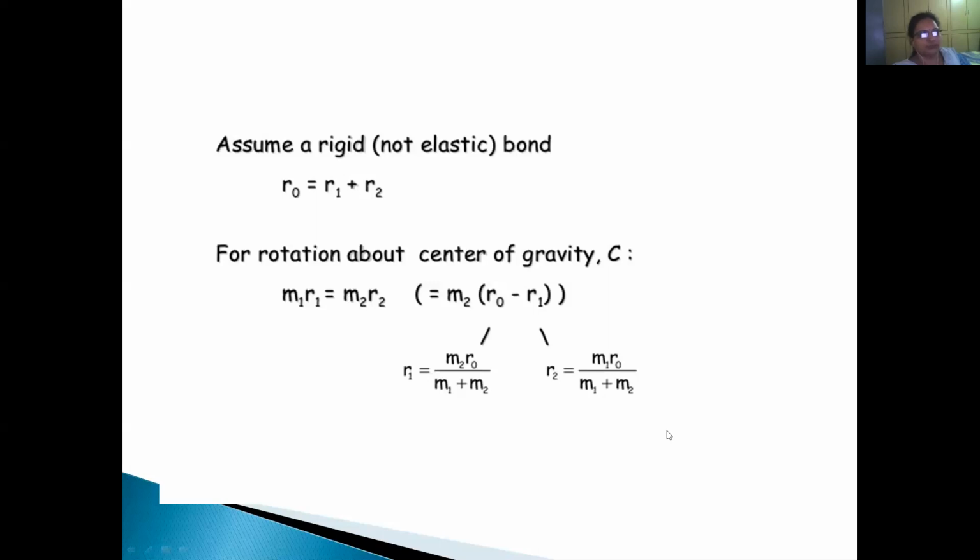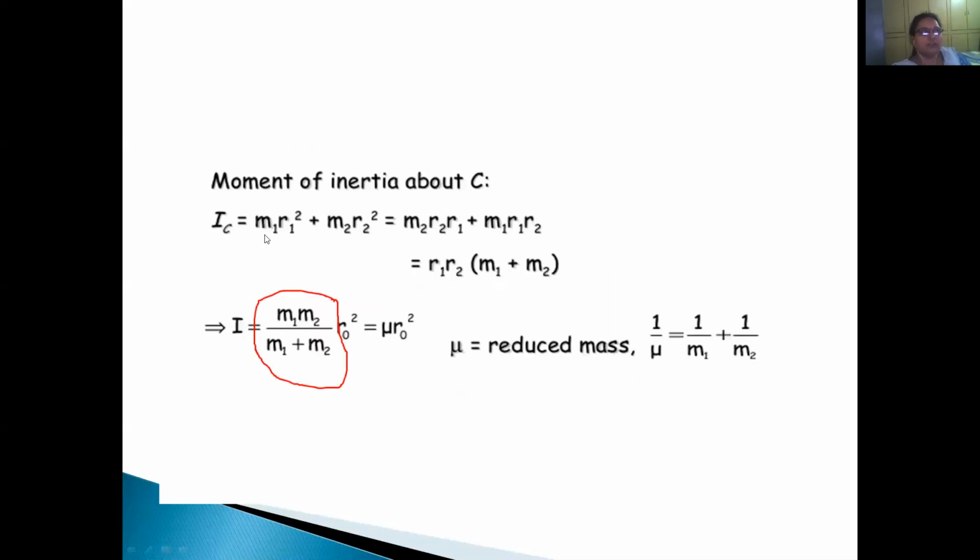So the moment of inertia about C, the center of mass, will be equal to M1 R1 squared plus M2 R2 squared. We know that M1 R1 is equal to M2 R2, so substituting that here, we get M2 R2 R1 plus M1 R1 R2.